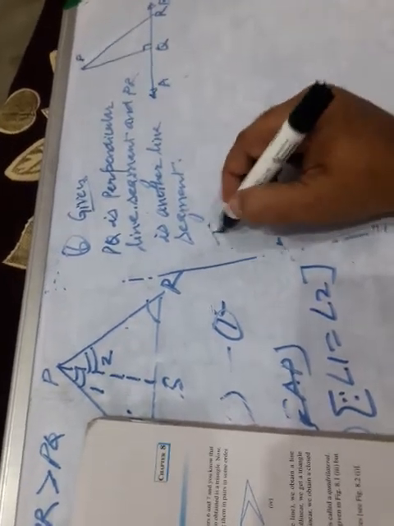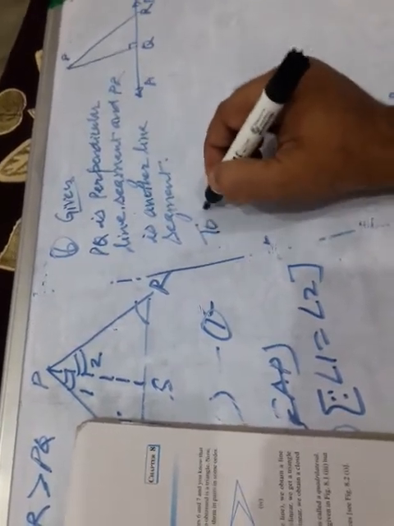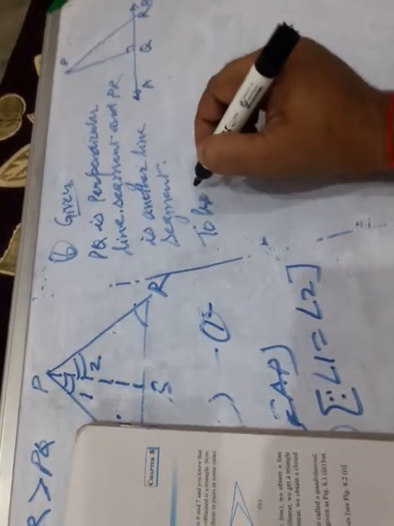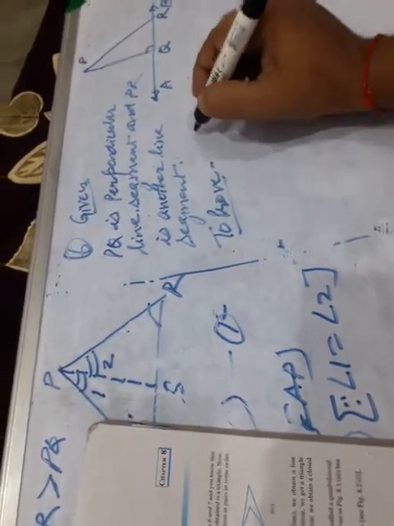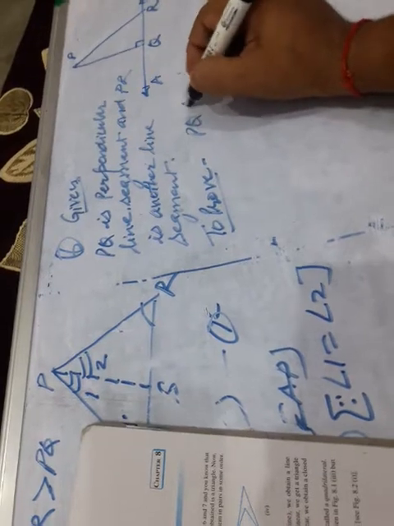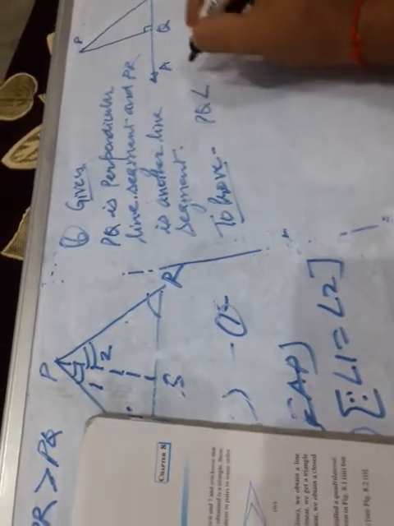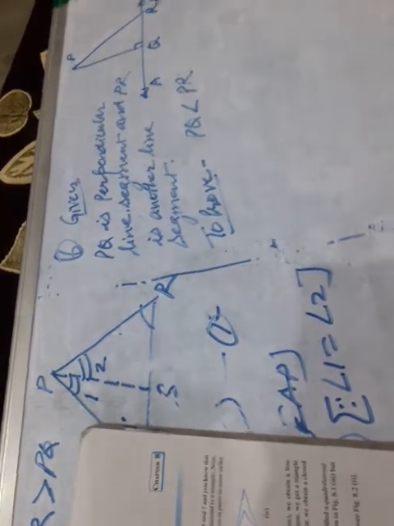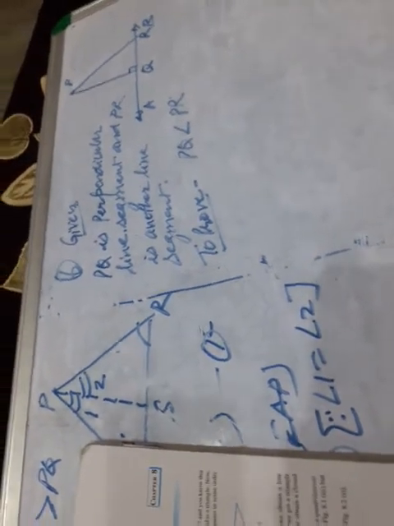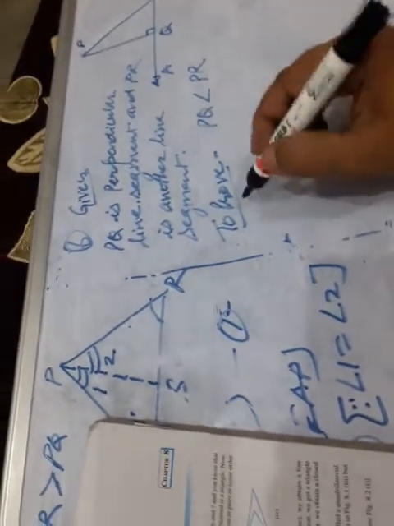You have to prove that the perpendicular line segment is the shortest distance. That is, to prove that PQ is less than what? PR. PQ is less than PR only. Clear? Now, children, start proving.